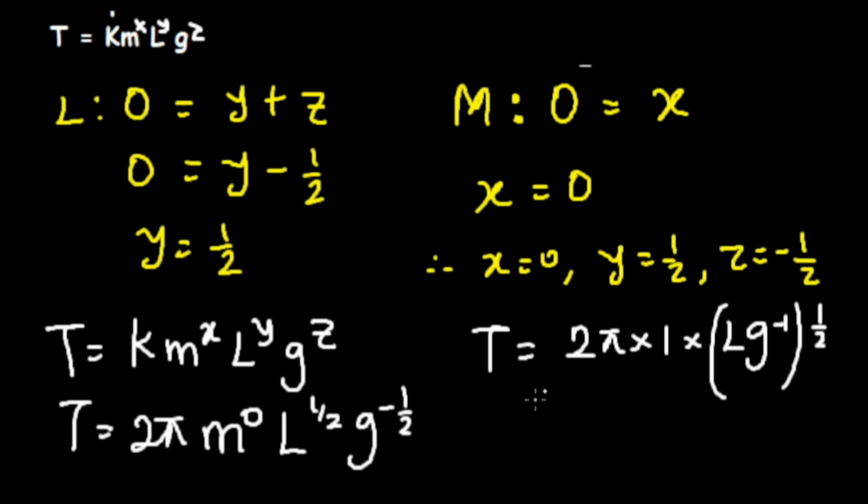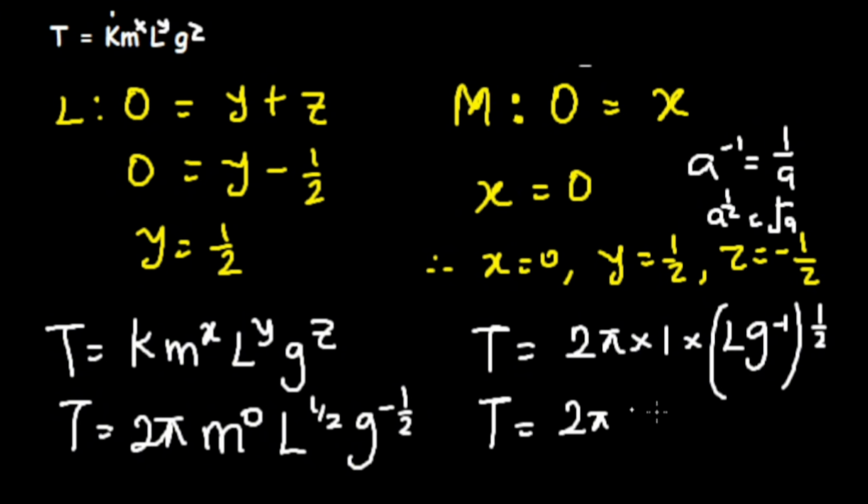Remember that a raised to power minus 1 is 1 over a, and a raised to power 1 over 2 is root of a. So capital T equals 2 pi times 1, that's still 1, so that becomes root of L over g. That is our expression for T that connects T, L, and g together. So that's how to get it.